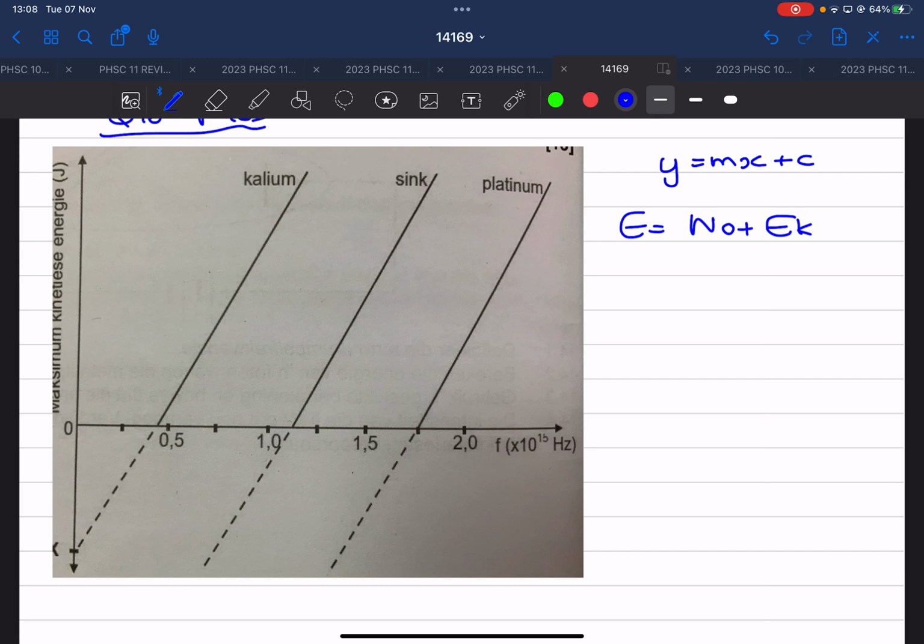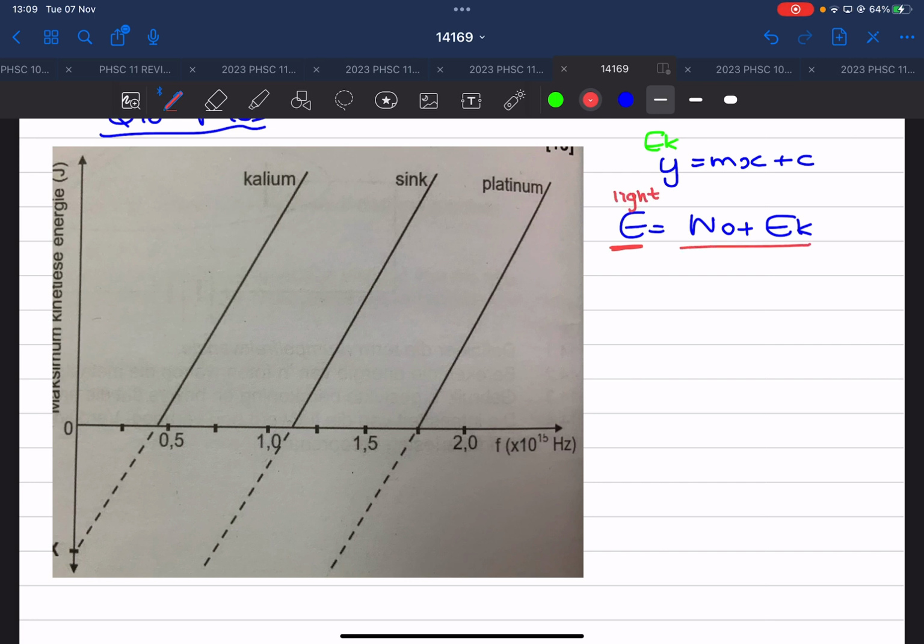Yes? Okay. Now, on this graph that they gave me, they speak about frequency and they speak about maximum kinetic energy. Okay, so maximum kinetic energy is on my y-axis. Frequency, where do I get frequency? This is the frequency of the what? Of the incident light. As you read there, frequency of the light that falls on the metal. So remember, in this formula, this on the left-hand side is the light.